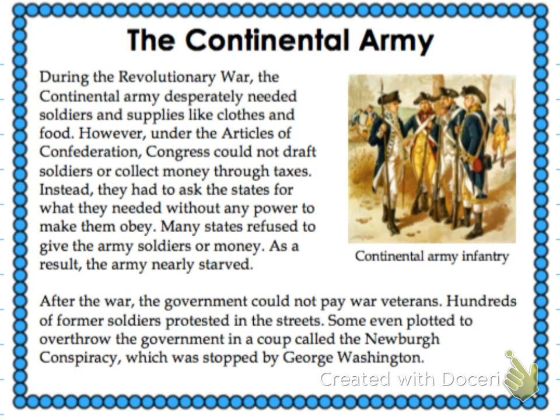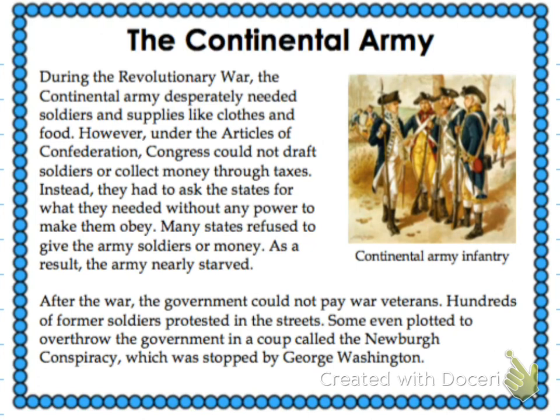The next reading that we're going to do is on the Continental Army. So listen to me as I read this. Let's highlight together, and we will do our strength or weakness card together as well. So, the Continental Army. During the Revolutionary War, the Continental Army desperately needed soldiers and supplies like clothes and food.